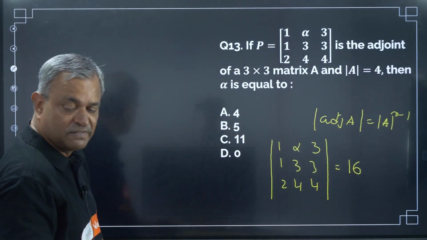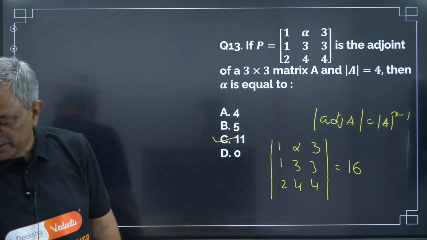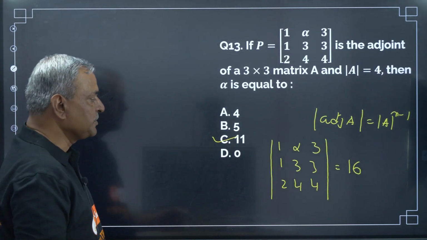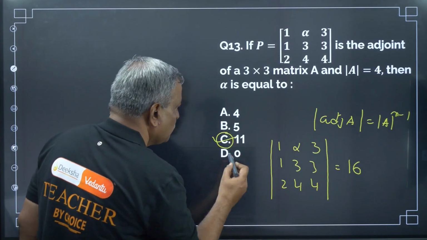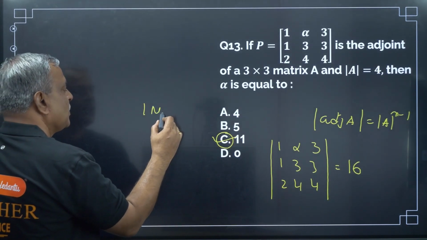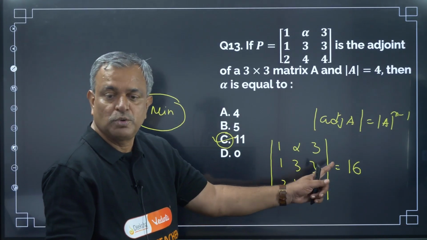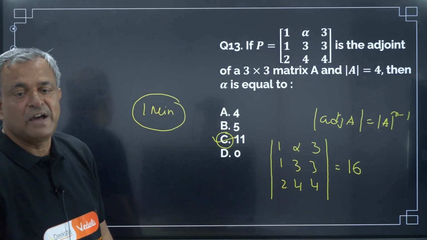Solve it, you get the value of alpha as 11. So I am leaving it for you, question number 13, option C, 11 will come. Of course, because you have to solve the determinant, it is 1 minute I am allocating for it. Within 1 minute you can easily do it, because you only have to expand the determinant and get the value of alpha.